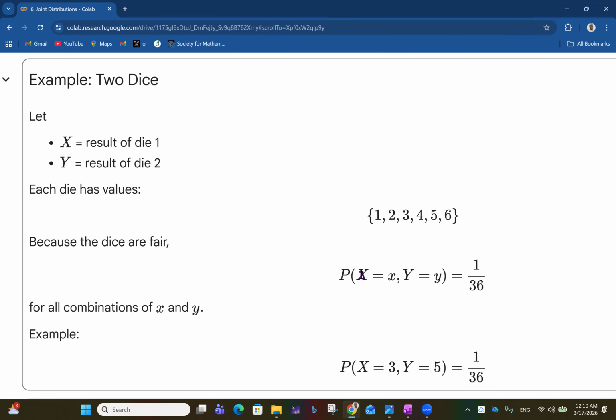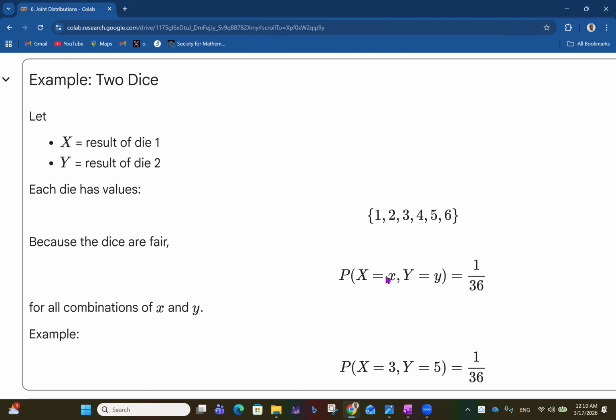So the probability that X equals x and Y equals y simultaneously is 1 over 36 for all combinations of x and y. Imagine X will be anything from 1 to 6 and Y also anything from 1 to 6.